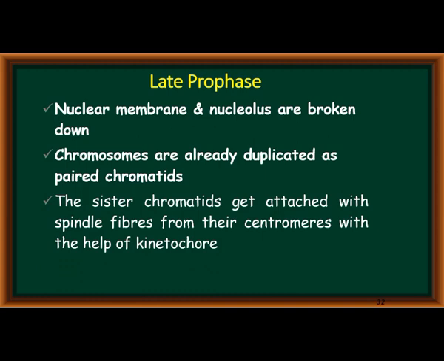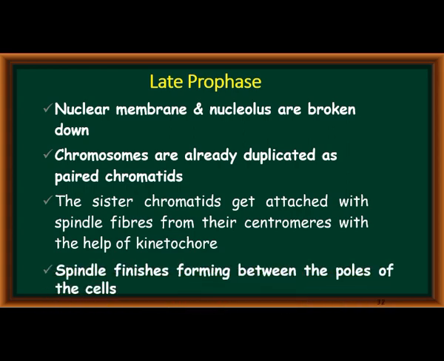So the sister chromatids get attached with the spindle fibers from their centromeres with the help of kinetochore. So what is centromere? Centromere is the part of the chromosome where the sister chromatids join with each other. And finally, the spindle finishes forming between the poles of the cells.